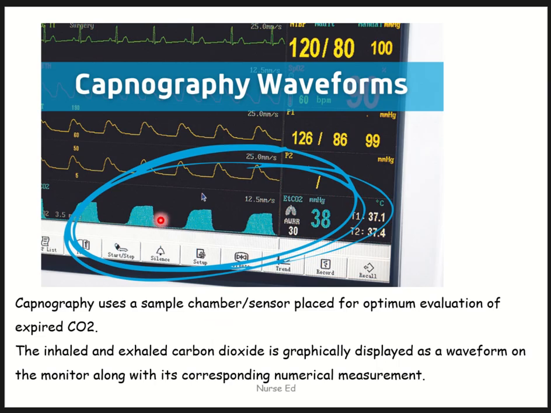Capnography waveforms you can see in the monitor show the measure of carbon dioxide in the expired air. The graphical representation of inhaled and exhaled carbon dioxide is what you see in the capnography waveform, which includes both a number as well as a waveform.